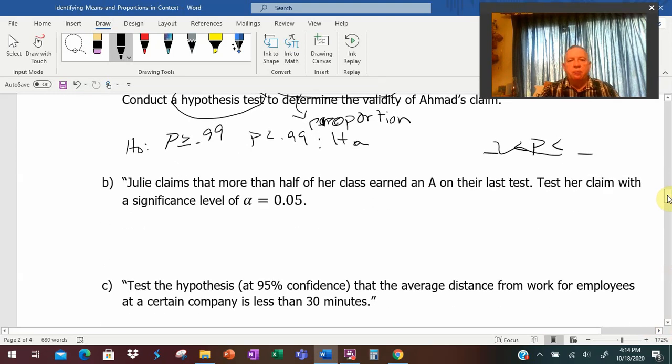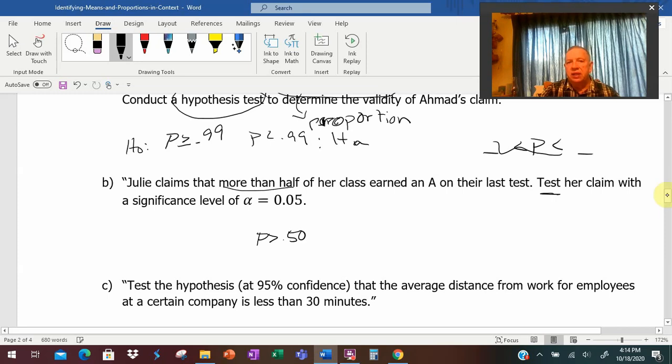Julie claims that more than half of her class earned an A on their last test. More than half. Test the claim with a significance level of 0.05. So we're going to be doing a hypothesis test, and more than half. So I would say the proportion was more than half, so it had to be bigger than 0.50.